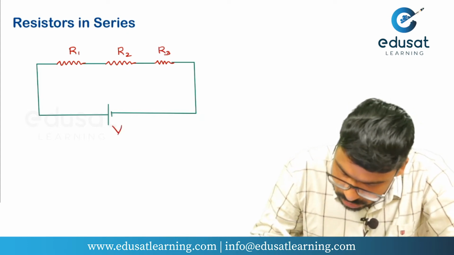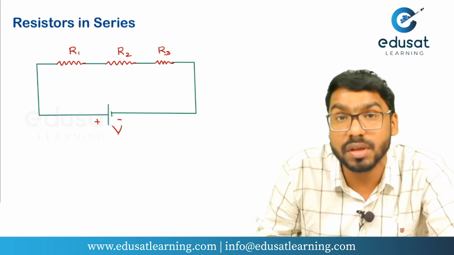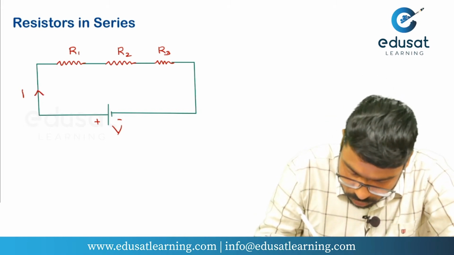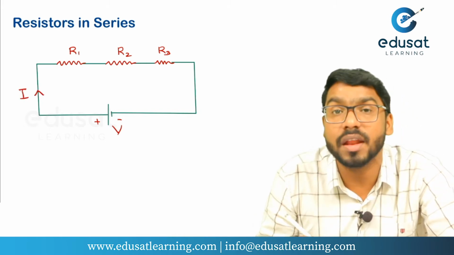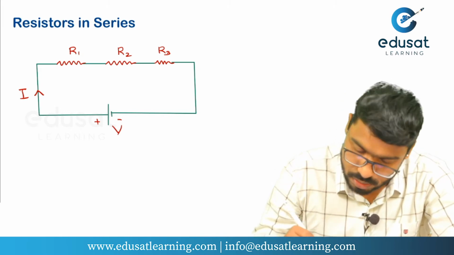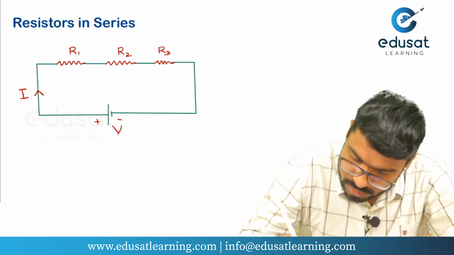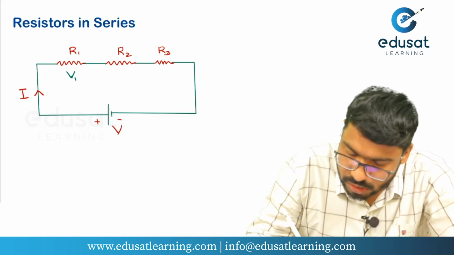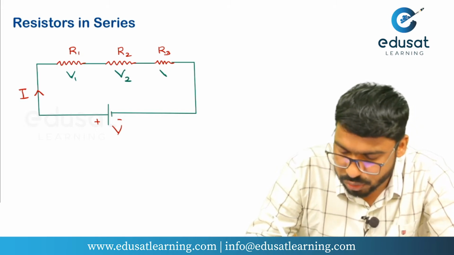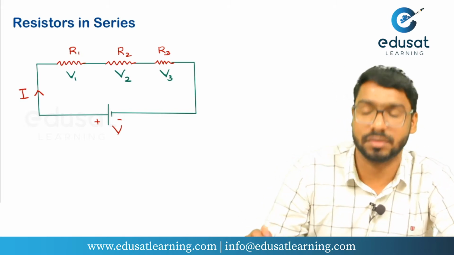The total potential difference given by the battery is V. Current I flows through the conductor. Then the potential difference is V1 across R1, V2 across R2 and V3 across R3.